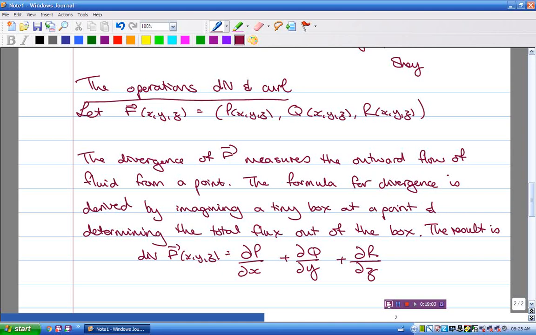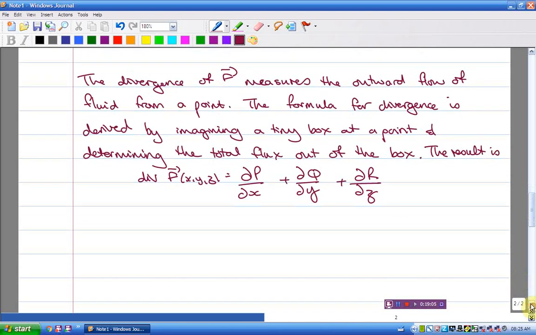Okay, so I'll talk about div, but let me introduce curl first. The curl of F is a measure of rotation, or swirl.